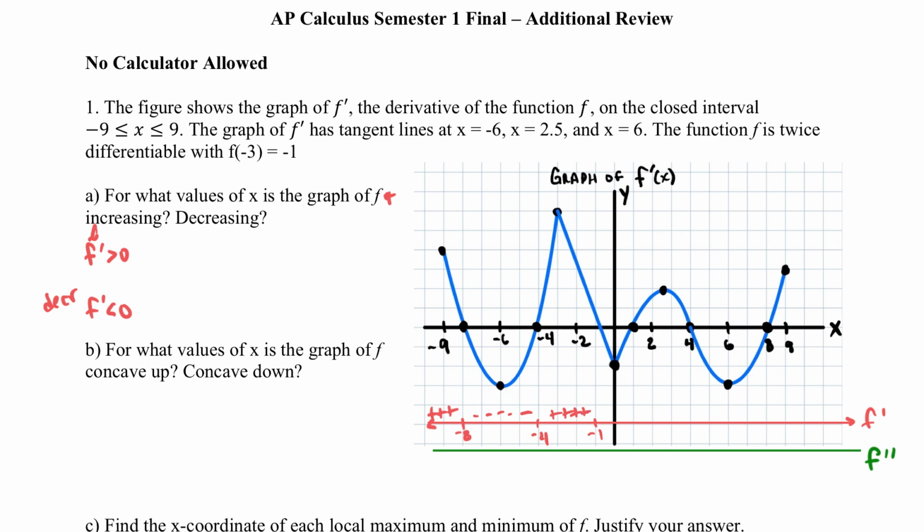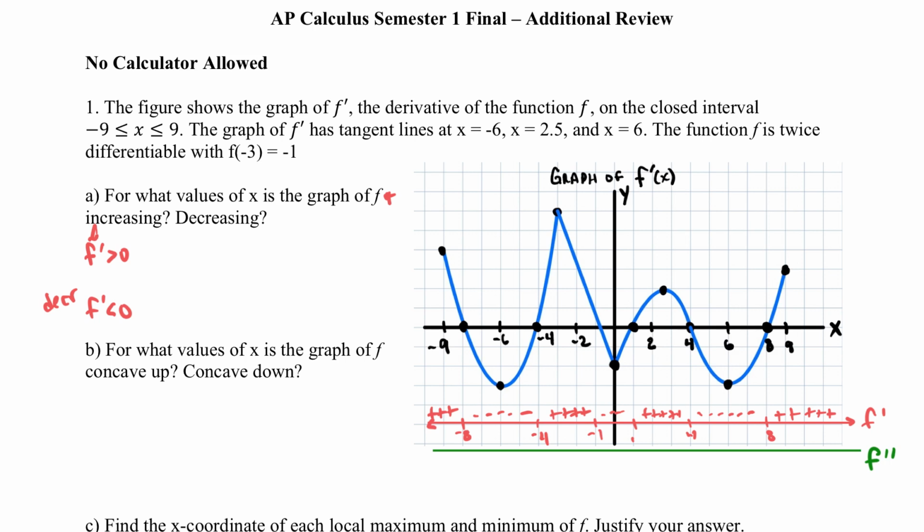And then over here, all the way to 1, these will stay as negatives. And then again, I go above the axes to 4, so these are positives. And then I go back down below the axes till 8. So I will be below the axes, and then I'm back above the axes. So that indicates where my f prime is positive and negative.